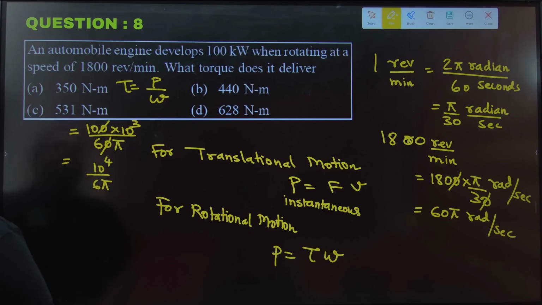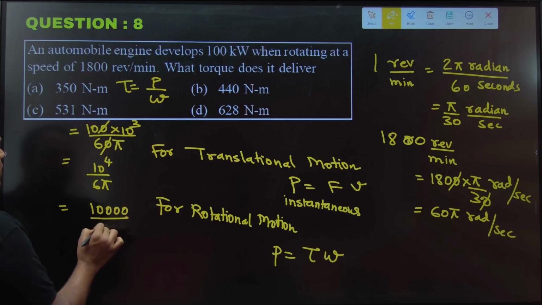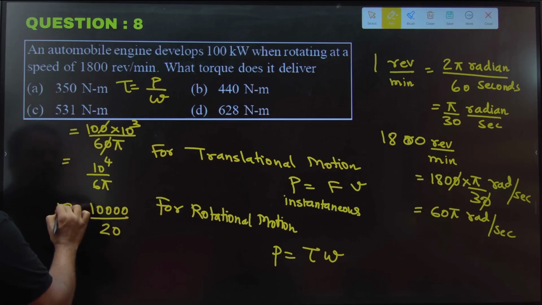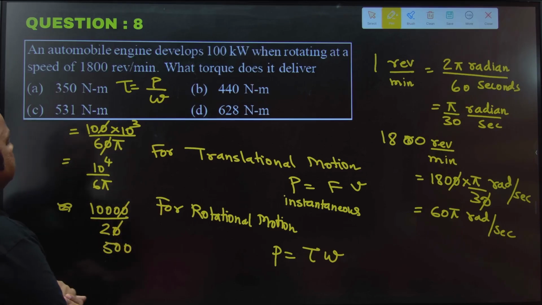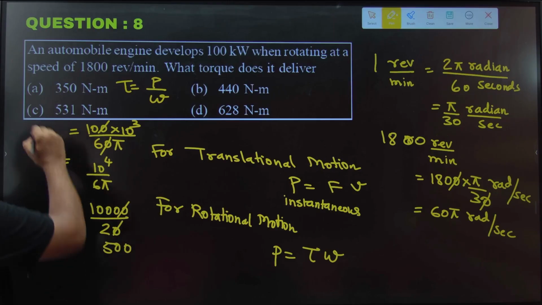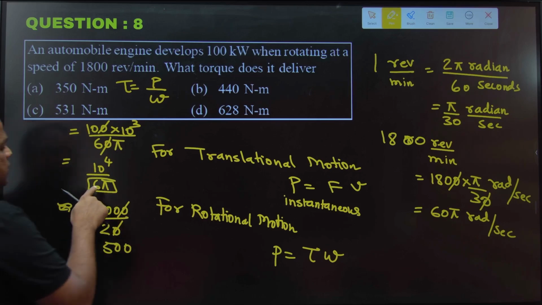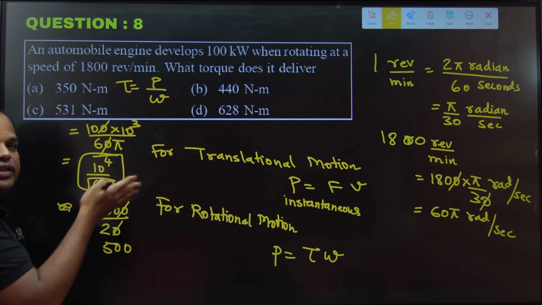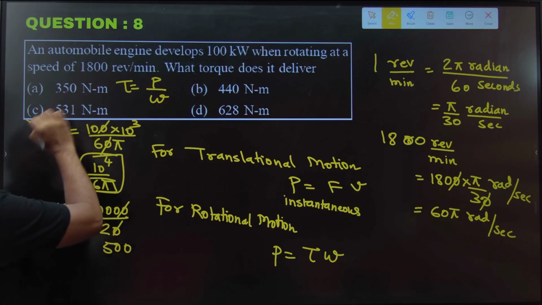If we find the approximate answer, we get 10,000 divided by 6 into 3.14, which is close to 500. Now 6 into pi is less than 20, so this whole number will be more than 500. So option C.